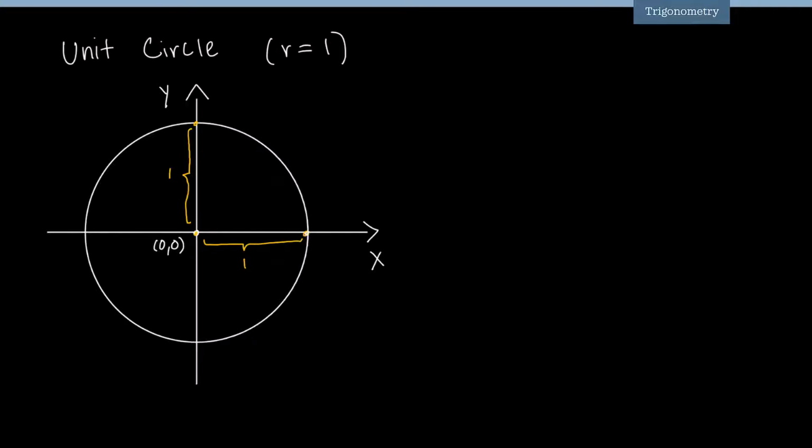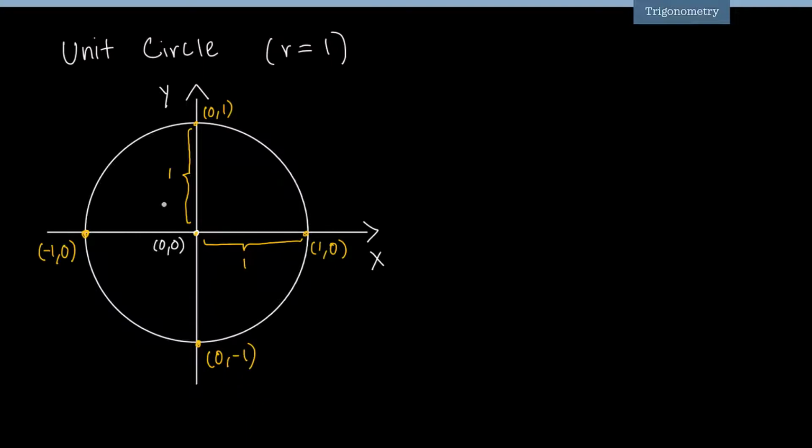So the coordinates of this point are going to be 1, 0. Similarly, the coordinates of this point are going to be 0, 1. The y coordinate would be 1 greater, but the x coordinate is going to remain the same. And so the coordinates of this point are going to be -1, 0. And for this point, the coordinates are 0, -1.